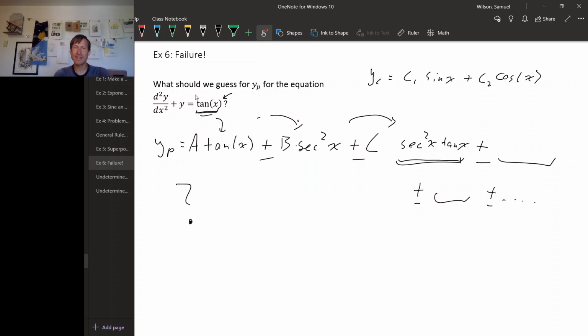So for this kind of inhomogeneous term, where its list of derivatives doesn't loop back on itself, undetermined coefficients isn't going to help. So undetermined coefficients is not a panacea that lets you find a particular solution for any kind of differential equation with an inhomogeneous term. It only works for some inhomogeneous terms.